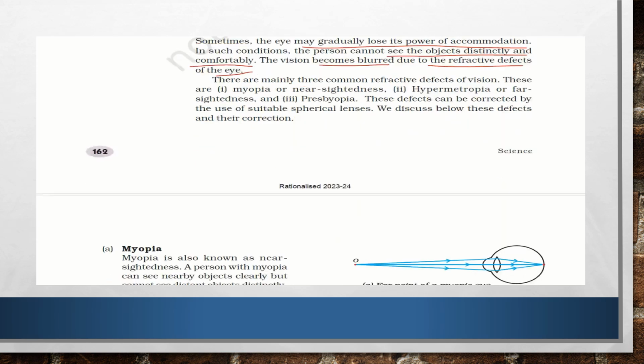There are mainly three common refractive defects of vision. These are myopia, that is nearsightedness, hypermetropia, that is farsightedness, and presbyopia. So these are the three main defects. One by one we will read what these are. These defects can be corrected by useful spherical lenses, and we will discuss the defects and their correction.